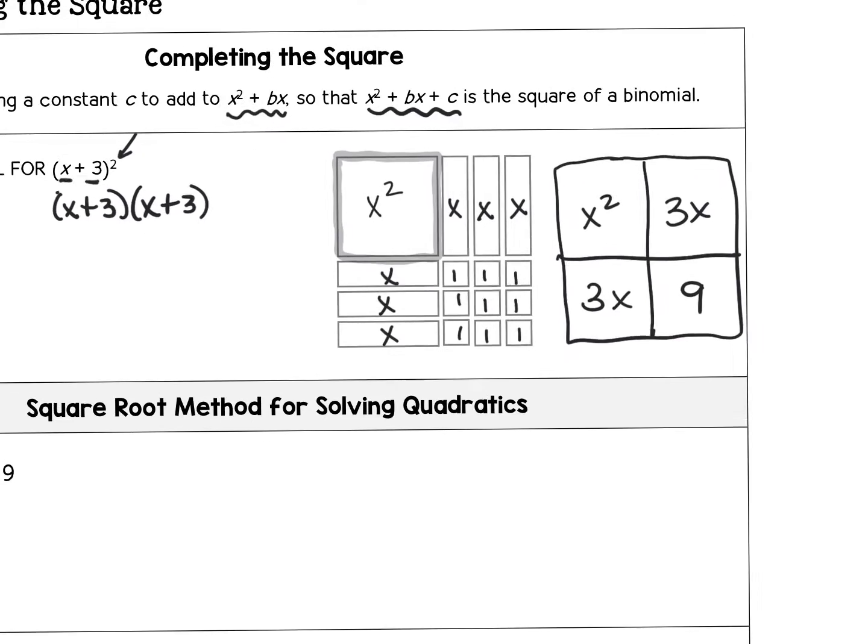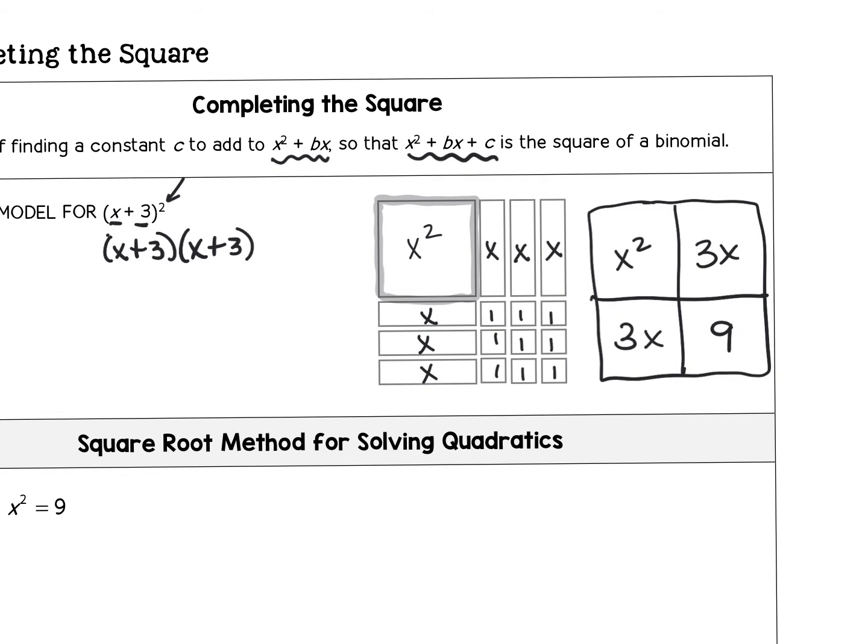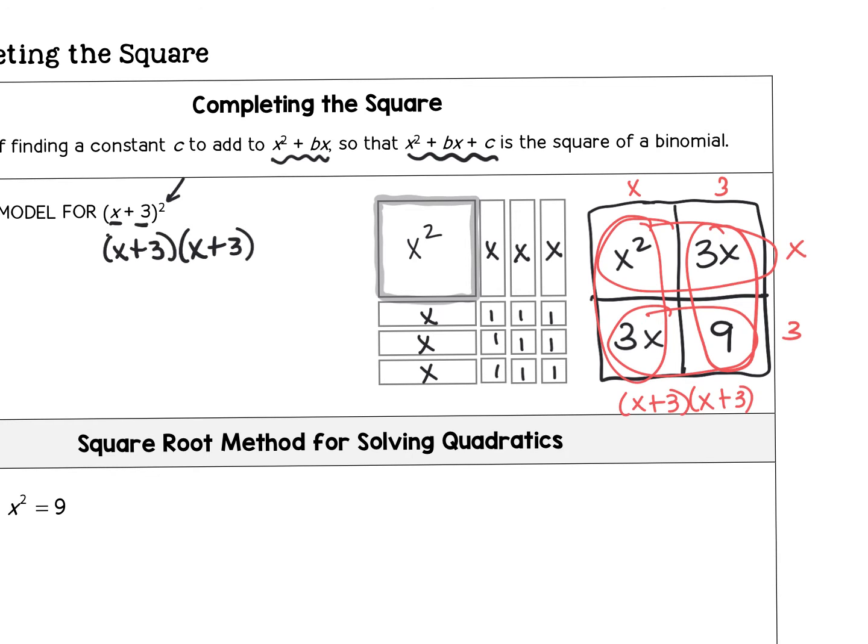Now, if we do our factoring, like we have been, the common factor here amongst these terms is x. The common factor here is 3. The common factor this way would be x. And the common factor on the bottom row is 3. So if you look at this, the factorization is x plus 3 times x plus 3.